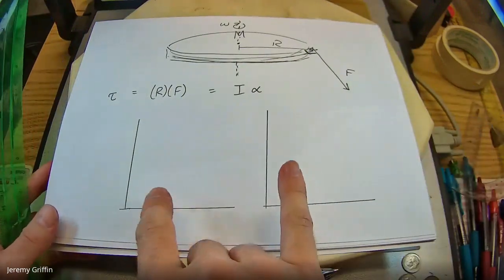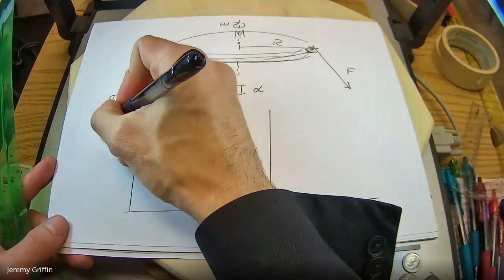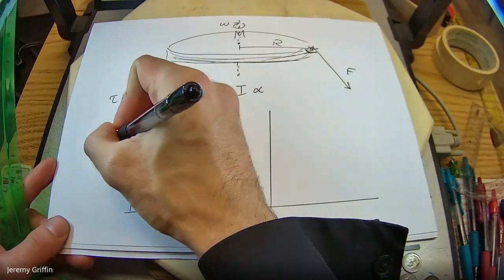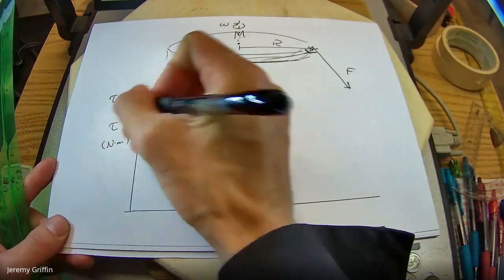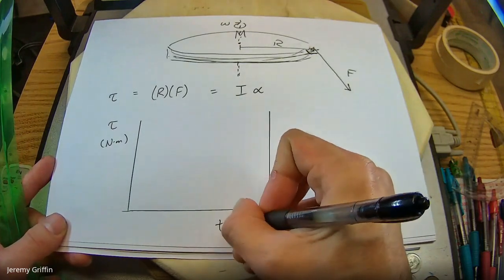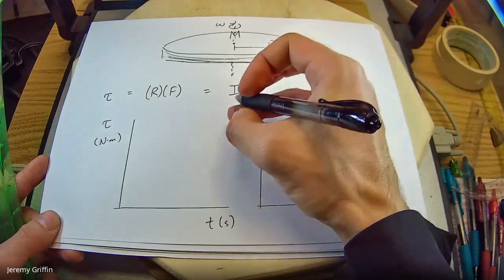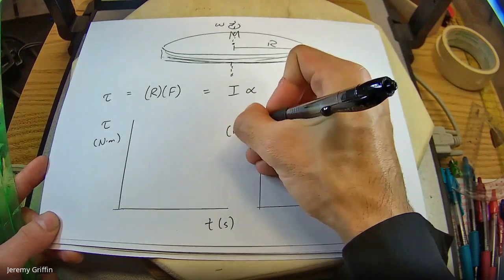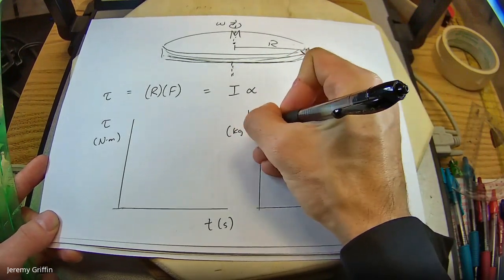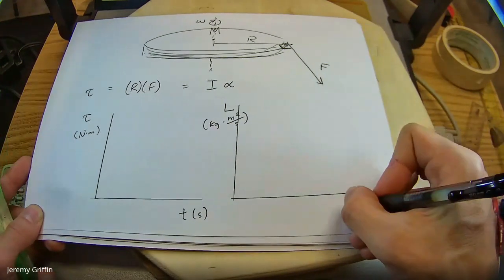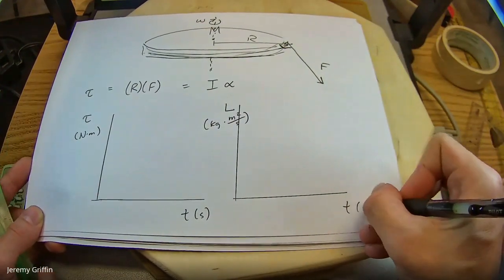I'm going to reverse these from how they're printed on the poster. So I'm going to do torque in newton meters as a function of time in seconds. And then this one, I'm going to do angular momentum in kilogram meters squared per second as a function of time in seconds.